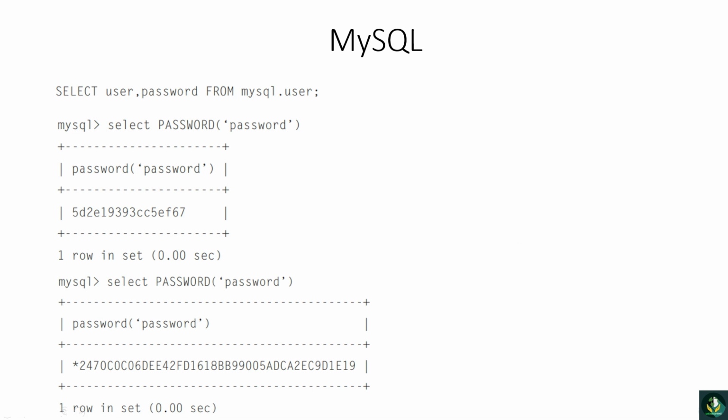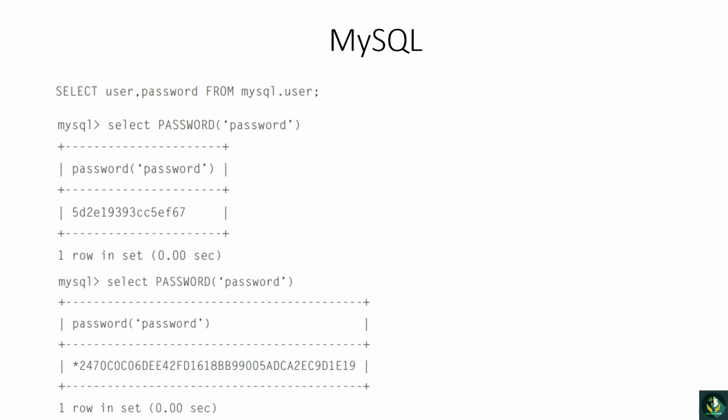MySQL stores its password hashes in the mysql.user table. This is the query to extract them, together with the username they belong to. Password hashes are most commonly calculated using the PASSWORD function, but the exact algorithm depends on the version of MySQL that is installed.